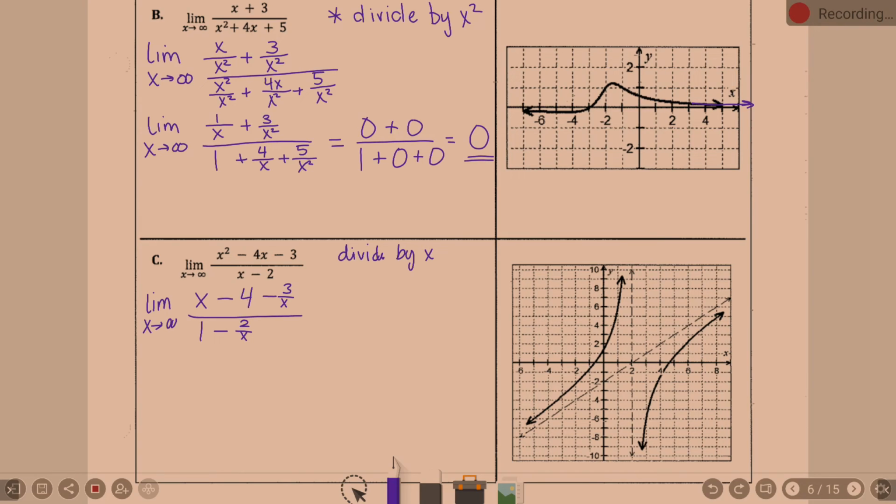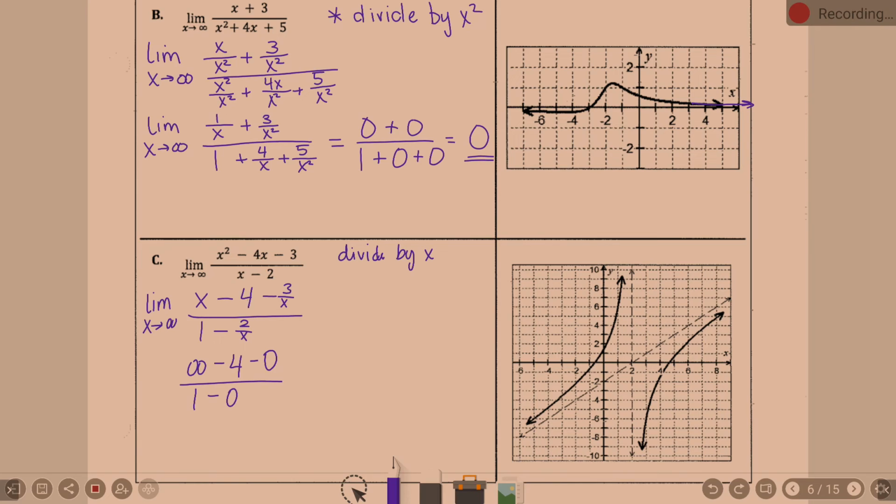If we plug in infinity, and you can't really plug in infinity, but as we think about this limit with the concept of x approaching infinity, what happens here? You have infinity over 1. You have infinity minus 4, technically, minus 0. Infinity minus 4, 3 divided by infinity is 0, over 1 minus 0.